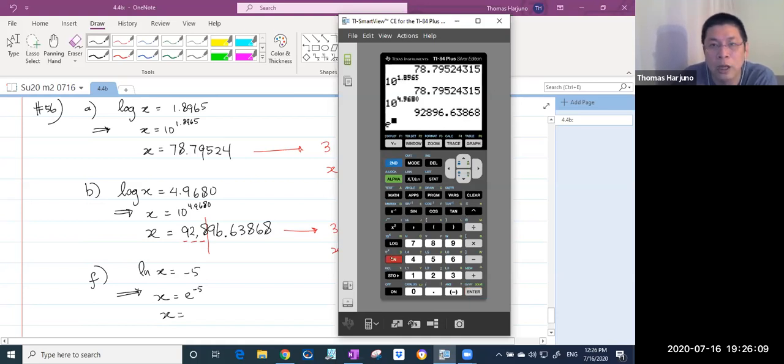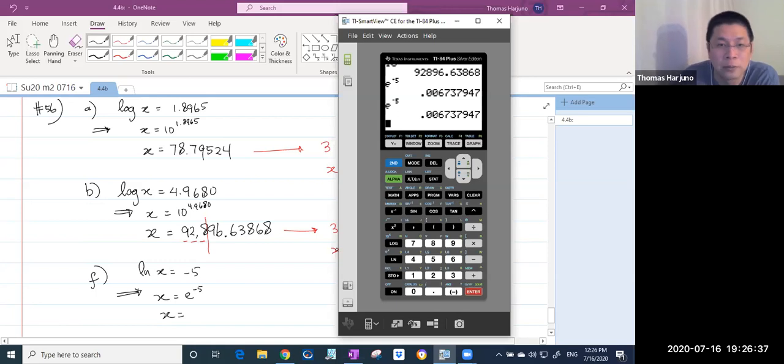E to the x, and then -5. The negative, you need to use this negative sign, not the subtraction sign. Or you use this e, base e here, to the power of -5. Oh, they look the same.